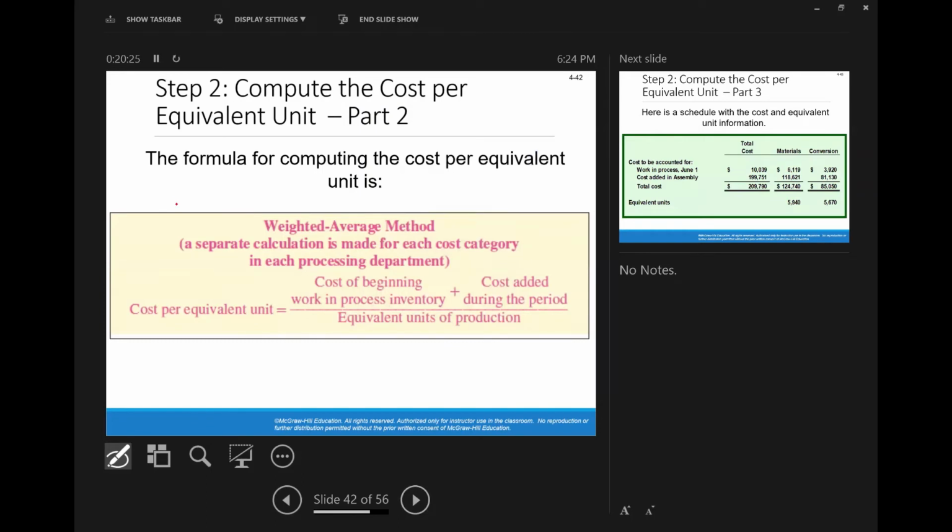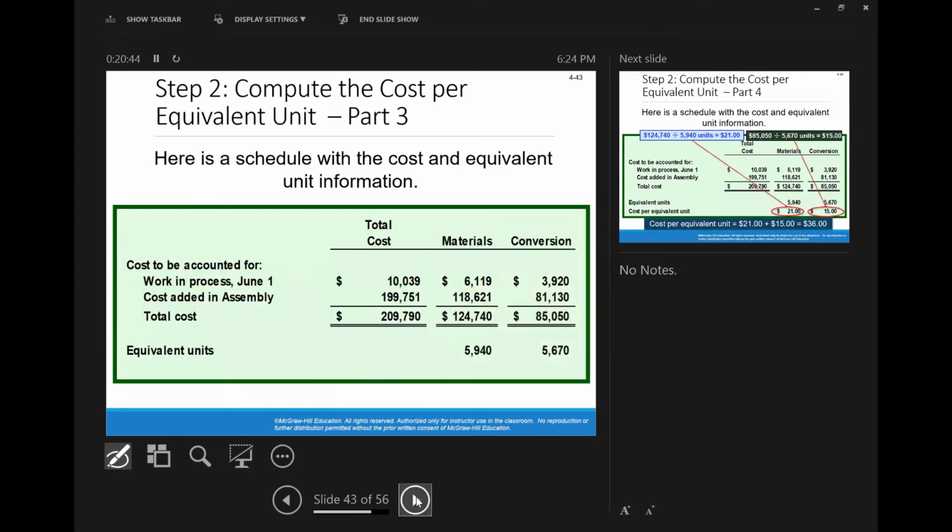All right, so we're going to look at the weighted average. So we're doing the cost in the beginning of the work in process. We're going to add the cost that was added during the period. So we have that top number plus what was added to come up with our total. And then we're going to divide it by the equivalent units in production. All right, so it's telling us our total cost.